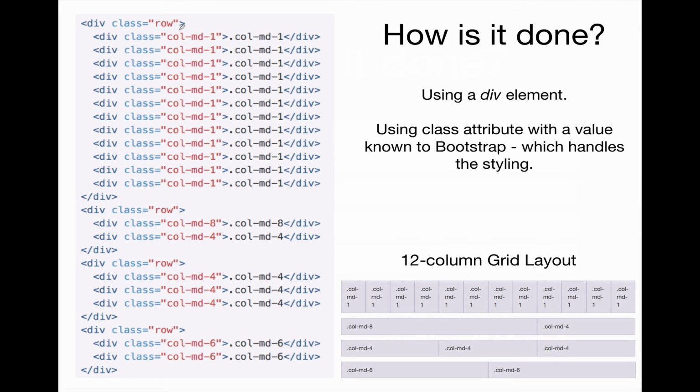In Bootstrap, we could use a div element, and if you recall from the material on HTML, as well as the material covered in the workshop, a div is a generic HTML tag or element.